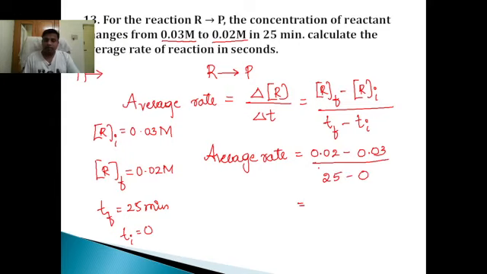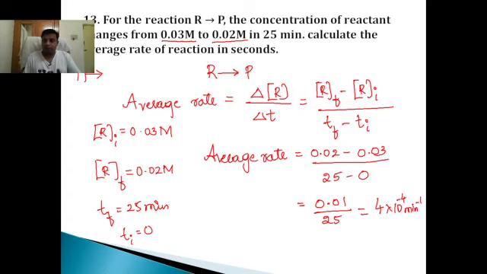Since it is average rate, please do remember the rate cannot be negative. So 0.02 minus 0.03 is nothing but 0.03 minus 0.02, it is 0.01 divided by 25. Why I didn't consider negative here? Because speed cannot be negative. So what is 0.01 divided by 25? It is 4 into 10 to the power of minus 4 per minute.